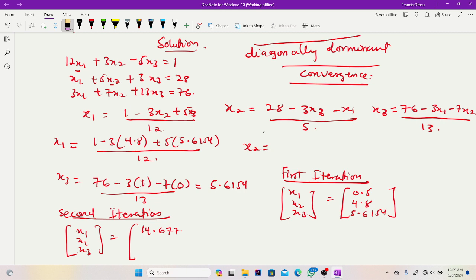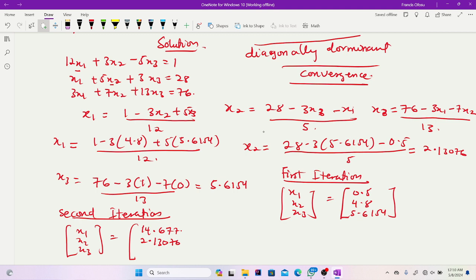So my new x2 is 28 minus 3 open bracket x3, which is 5.6154, minus my x1, 0.5, all over the expression 5. And what am I getting for x2? 2.13076. Then finally our x3.